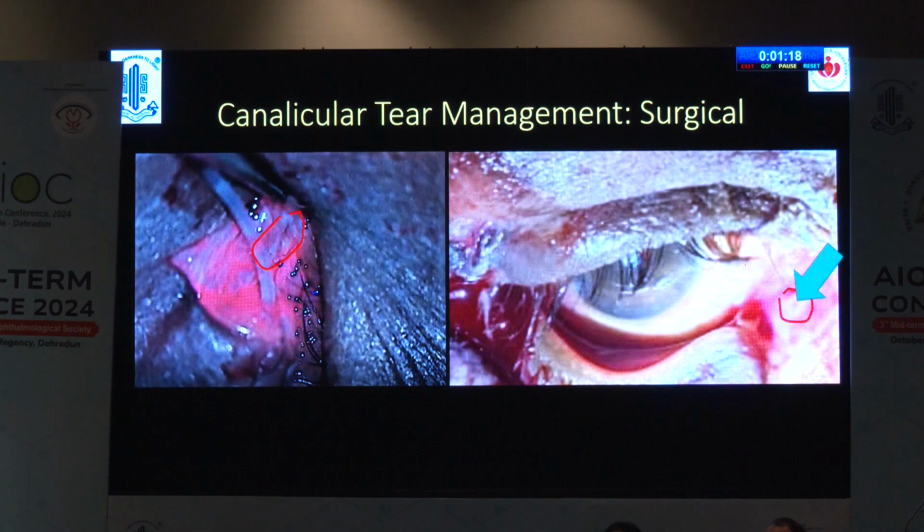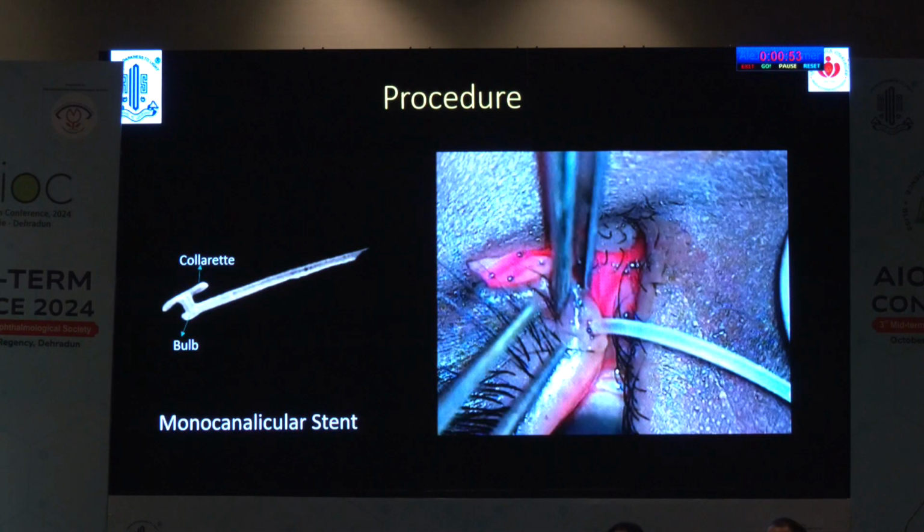I usually identify it from the appearance, clinically. So where you have to look is more important. You have to look below and behind the caruncle. Most of the time you will be able to see this pearly white opening of the canaliculus in the pink tissue of the orbicularis. And once you feel it, it is very elastic with very thick walls. And once you see it, you are not going to forget this.